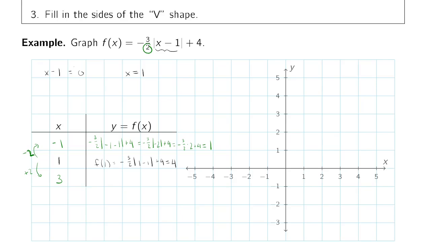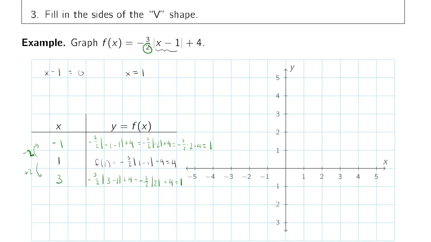When I plug in 3, I'll have negative 3/2, absolute value of 3 minus 1, plus 4. 3 minus 1 is 2, so negative 3/2, absolute value of 2, plus 4, and that's negative 3/2 times 2, which is negative 3, plus 4, so that's 1 again.